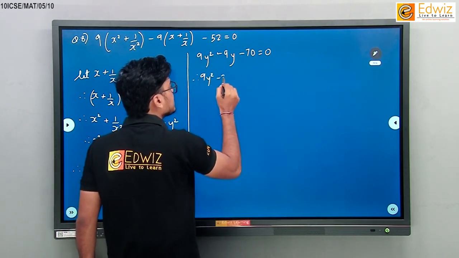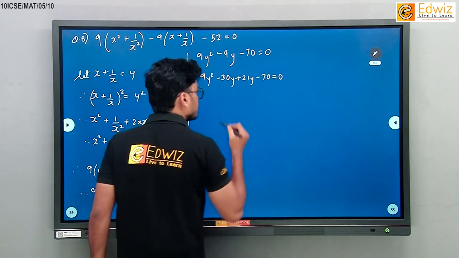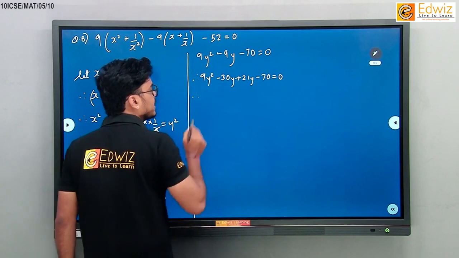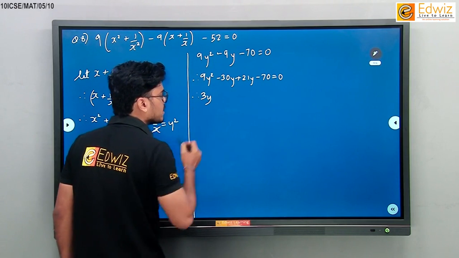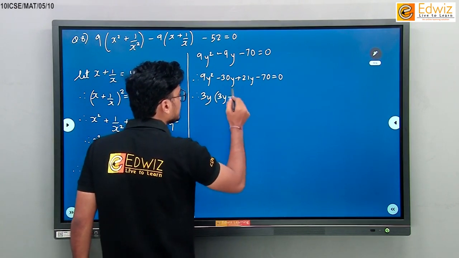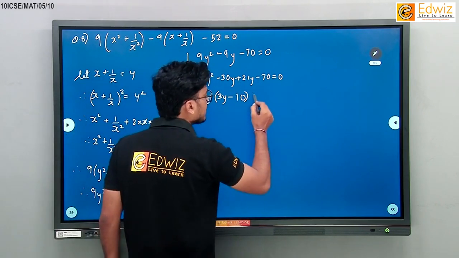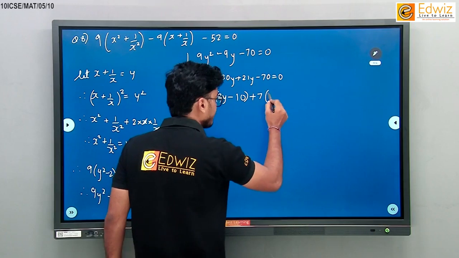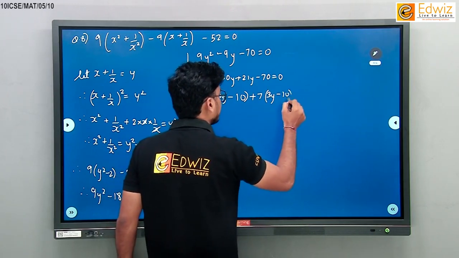9y square minus 30y plus 21y minus 70 equal to 0. In these first two terms, you can take 3 and also y common. So 3y into (3y minus 10), since 3 tens are 30. Then in these two terms, you can take 7 common: 7 threes are 21, so 7 into (3y minus 10), since 7 tens are 70.